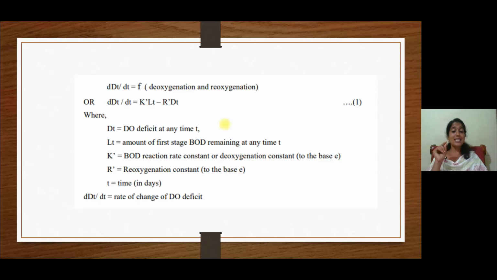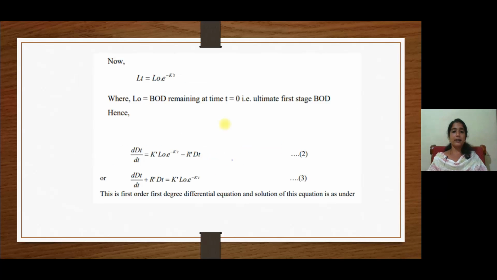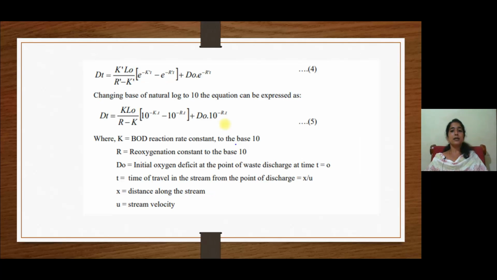Generally, it is expressed as Kr, and you can see the equations as equation number 4 and 5, and I will explain these equations in relation with the problem related to oxygen deficit. And K is the BOD reaction rate constant to the base 10, and R or Kr is the reoxygenation constant to the base 10.